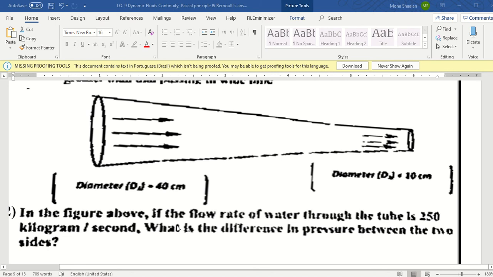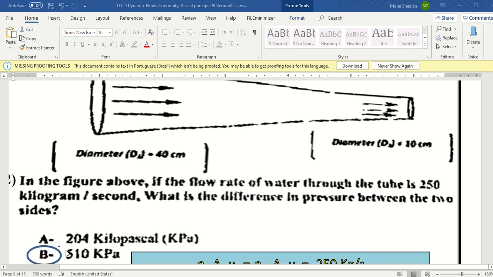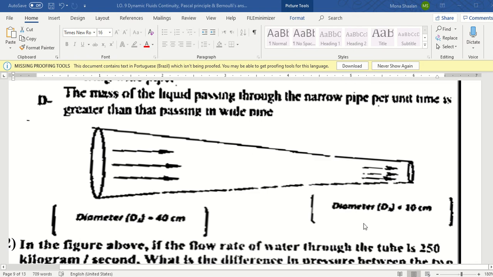In this figure, if the flow rate of water through the tube is 250 kg per second, what is the difference in pressure between the two sides, P1 minus P2? Let's show the diameters as shown here. Here is 10 centimeter and here is 40 centimeter.